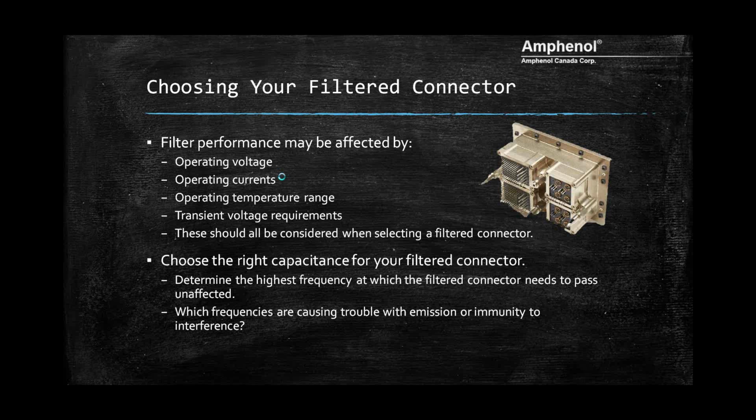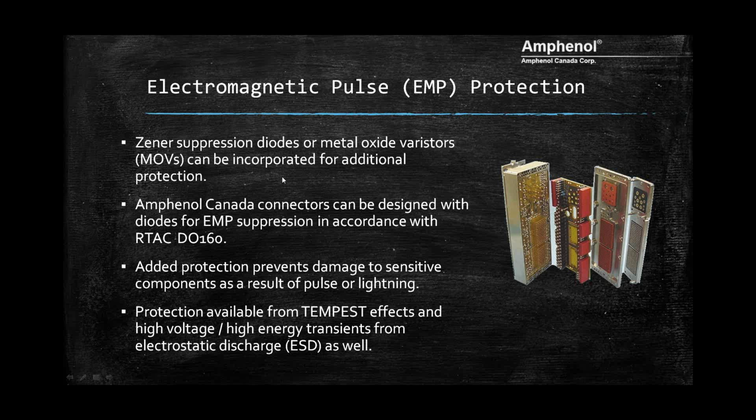Now, getting into electromagnetic pulse and EMP protection for the connector, we can apply Zener diodes or varistors into the connector itself. As you can see here, we have a picture of a filtered connector, so it does have the regular capacitive elements in here, as well as the diode and MOVs for EMI suppression.